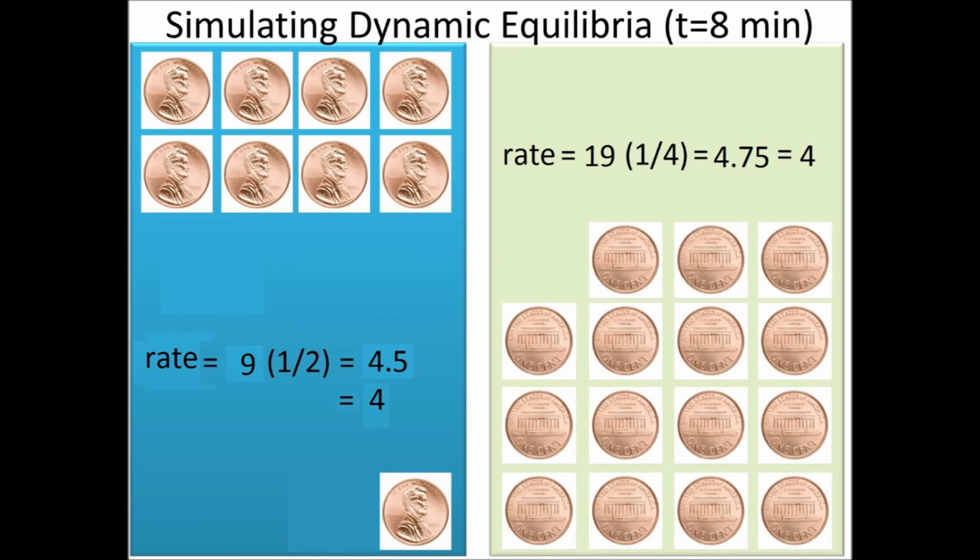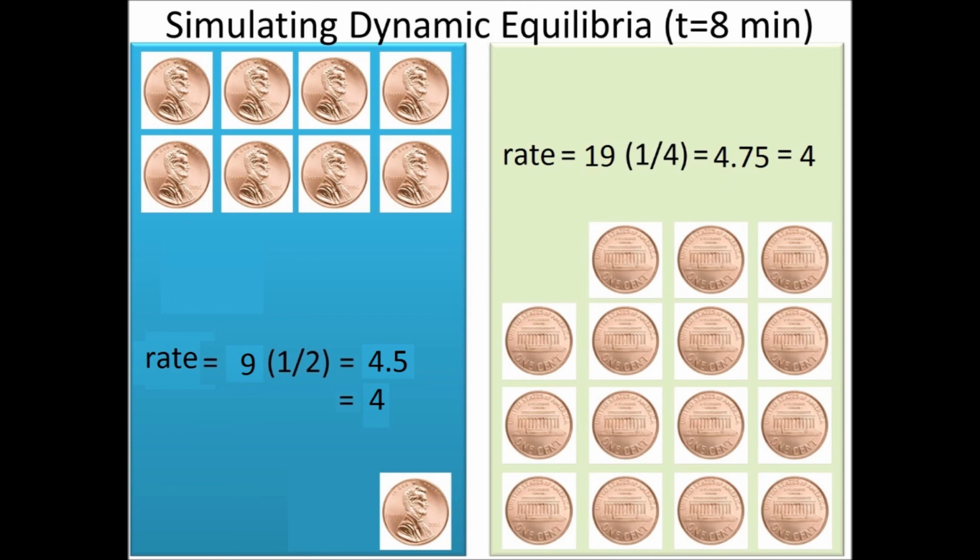And for the reverse reaction, we have 19 pennies in state B times the rate of the reverse reaction, that's 1/4. So we have 4.75 pennies that need to flip from tails back to heads. And rounding down, as we're going to throughout this demonstration, we see that now 4 pennies will flip from tails to heads and 4 pennies will flip from heads to tails.